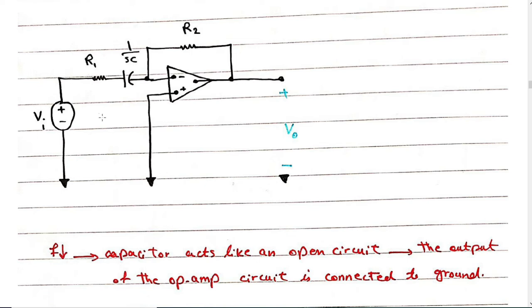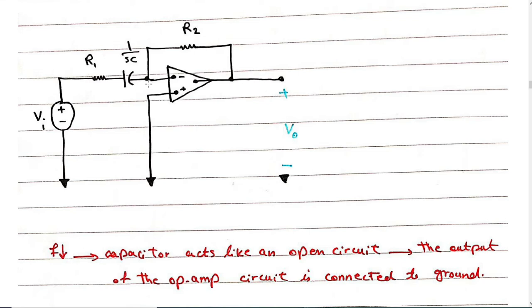At low frequencies, because the frequency changes, it just affects the impedance of the capacitor, not these two resistors. So at low frequencies, the capacitor acts like an open circuit, so the output of the op-amp is connected to ground.